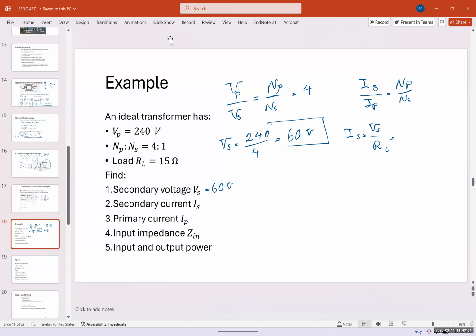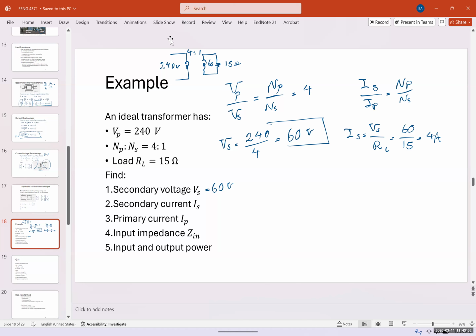By the way, let me draw this on top of here, so it gives you a better picture. This is 15 ohms. It's your RL. This is 4:1 ratio. And the input voltage is 240 volts, and we don't have the output voltage. So if I get this at 60 volts, I can find its current. So it's going to be 60 divided by 15 gives us 4 amps.